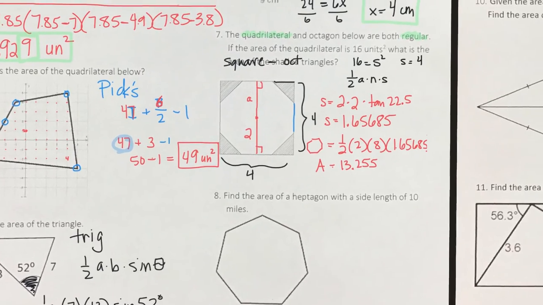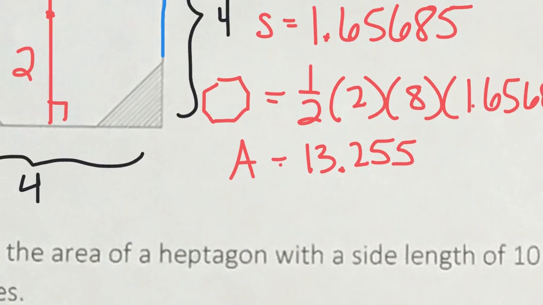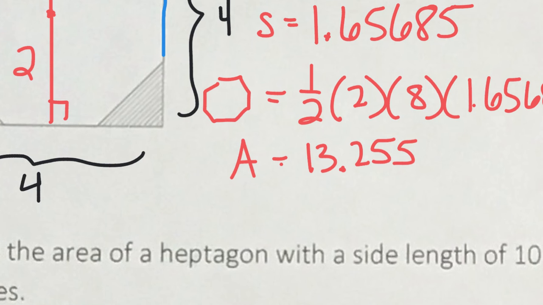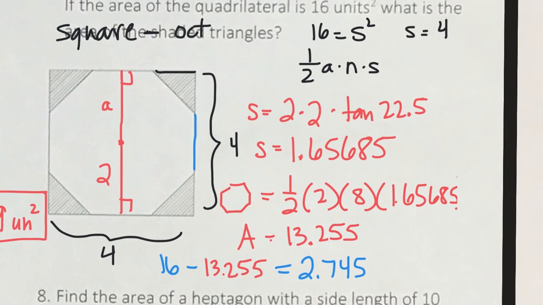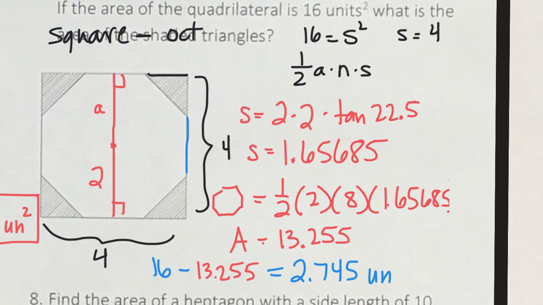So the square is going to be 16 minus the 13.255. If we subtract 16 minus 13.255, that means all the triangles are going to have areas combined of 2.745. And my units are units.